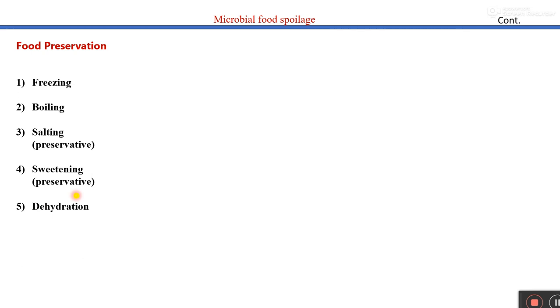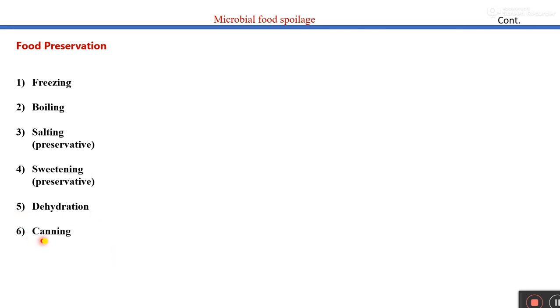In dry fruit, we generally put different kinds of fruits or spices in the sun, and as a result most of the water is released. And as you know, if there is less water in any food, then that food is less susceptible to the growth of different kinds of microbes. So through dehydration of a particular food, you can prevent that food from microbial food spoilage.